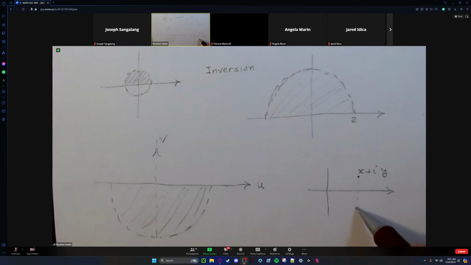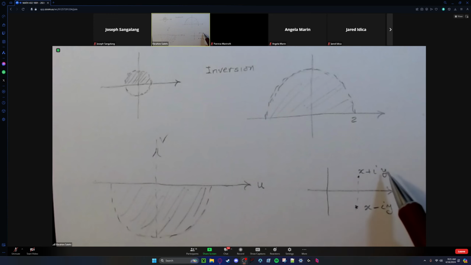So it's a reflection: x stays the same, but the imaginary part's sign changes, it comes down. Yes, exactly. Always, for 1 over z, you follow these two motions: inversion with respect to the unit circle and then conjugation. Sure.